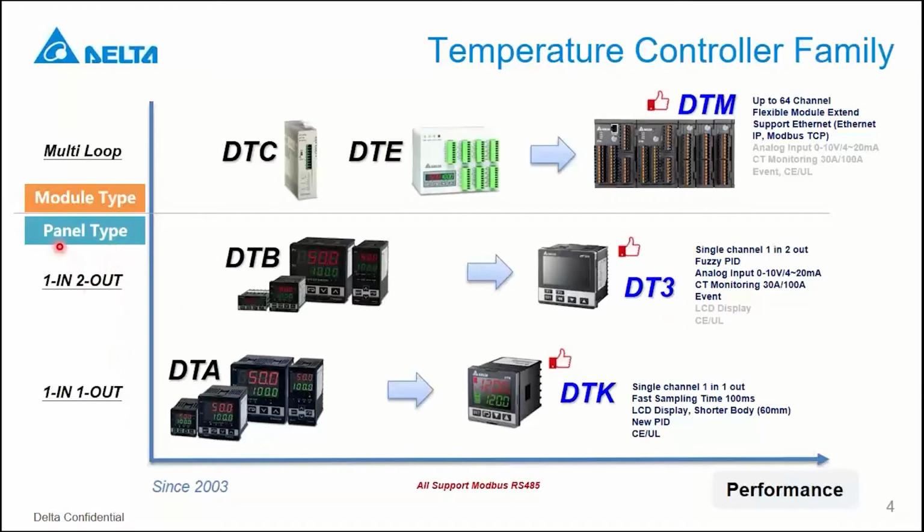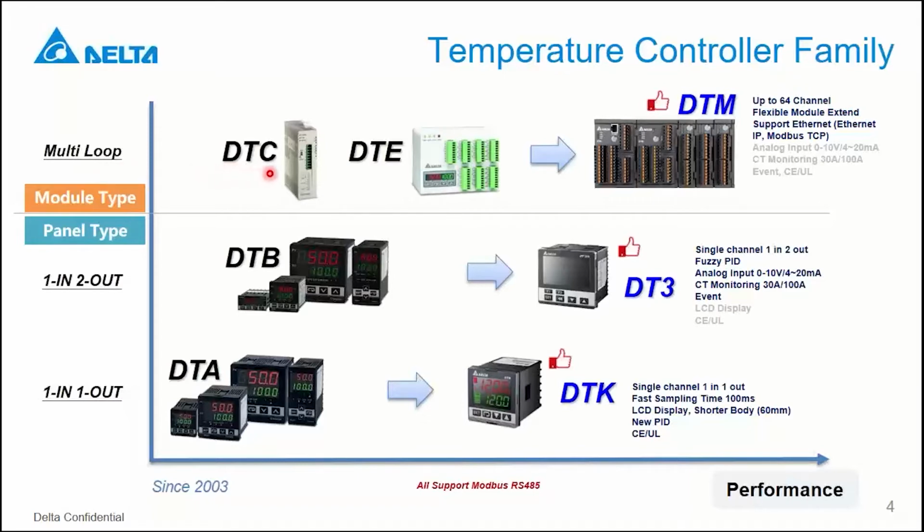Below, we call all of these panel types. You can see they all have a display on the panel, and I believe this is a very common one you see in the market. Most users are using this type of temperature controller. And also, Delta has the modular type, like a multi-loop.